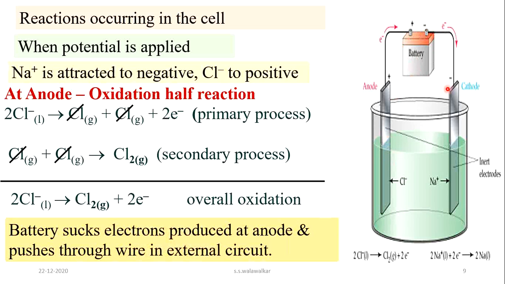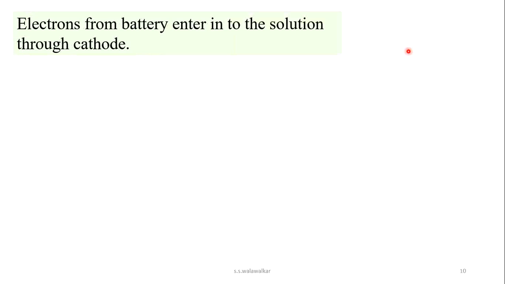This battery acts as an electric pump, and it sucks the electrons produced at the anode, which are lost by the chloride ion. And these electrons are pushed through this metallic wire in the external circuit to the solution through the cathode.